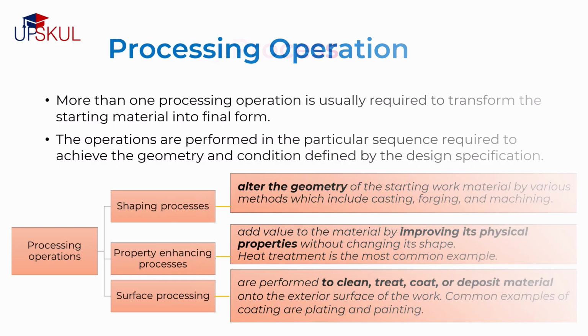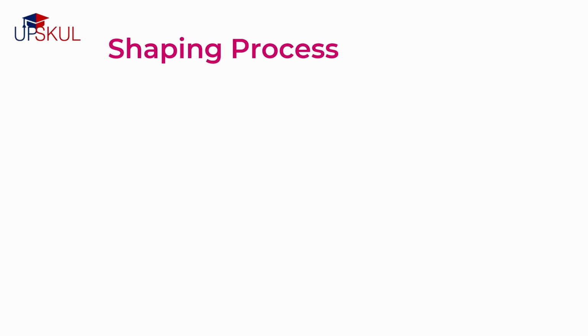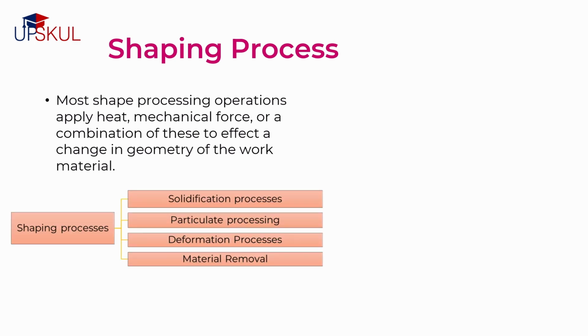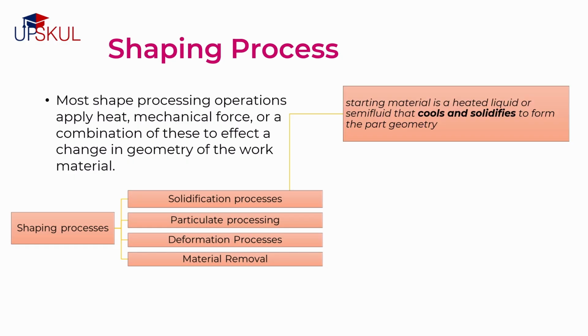Shaping processes. Most shape processing operations apply heat, mechanical force, or a combination of these to effect a change in geometry of the work material. There are various ways to classify the shaping processes. We will discuss the four basic categories. First, solidification process, in which the starting material is a heated liquid or a semi-fluid that cools and solidifies to form the part geometry.